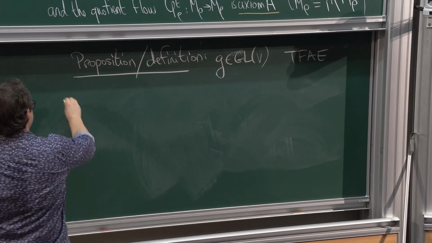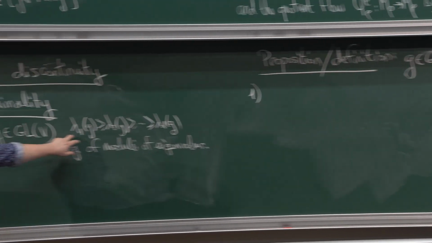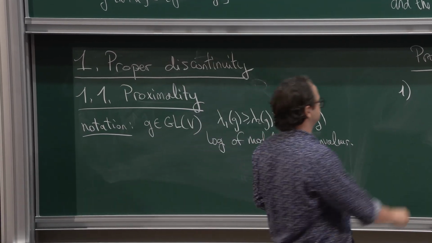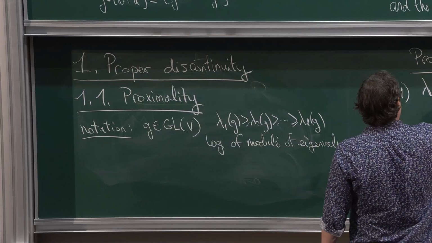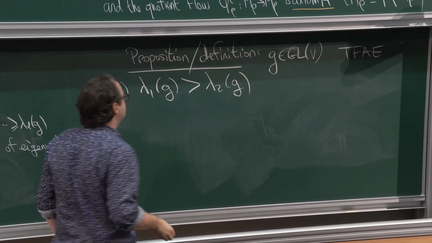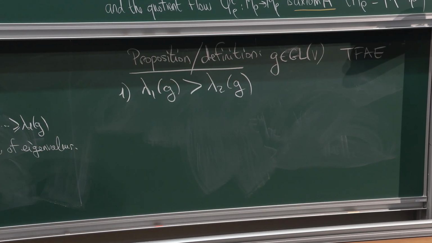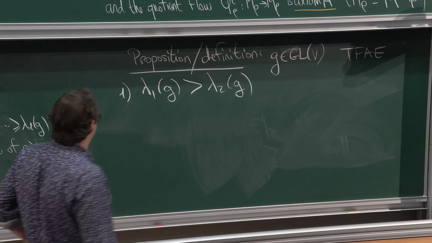So the following things are equivalent. The first one would be an algebraic description saying that lambda 1 is different from lambda 2. So essentially the highest eigenvalue is an eigenvalue for only one direction, and it will have to be real.